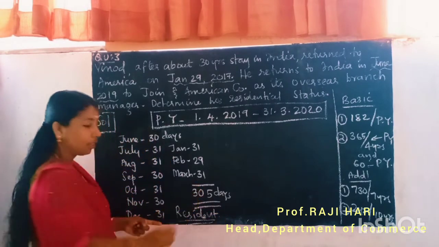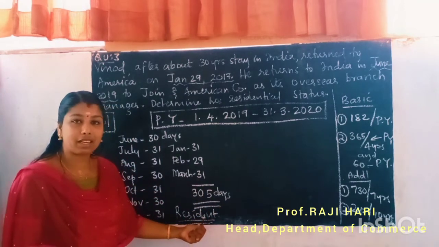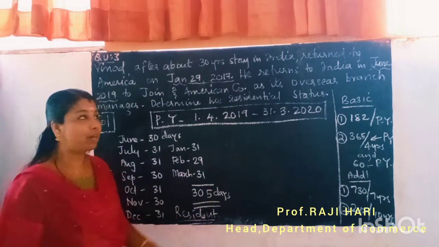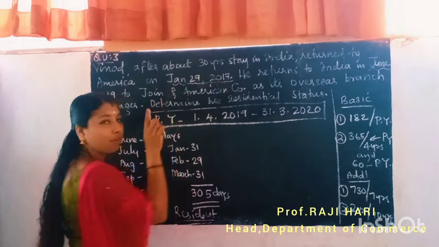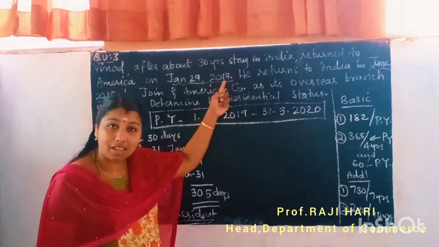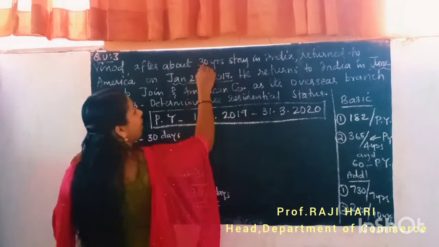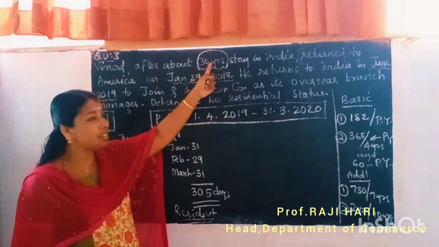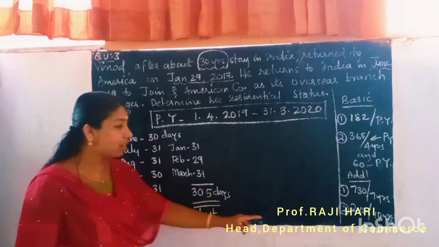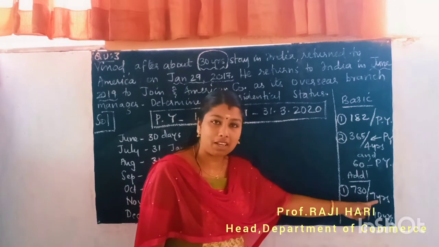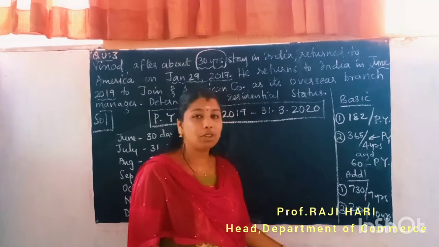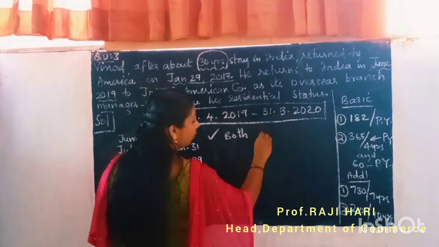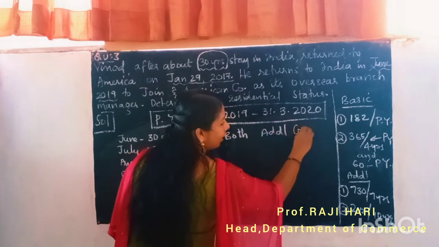Then second condition, you have to check whether he is ordinary resident or not ordinarily resident. That is very simple. He left India for the first time in 2017. Before that, he was in India for a long 30 years. That means he satisfies 730 days out of 7 years and 2 years out of 10 years. He satisfies both of the additional conditions.